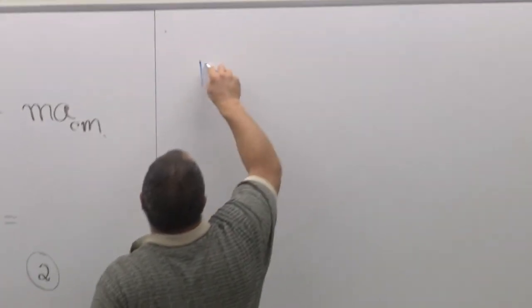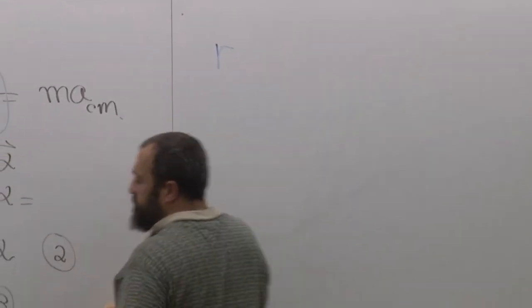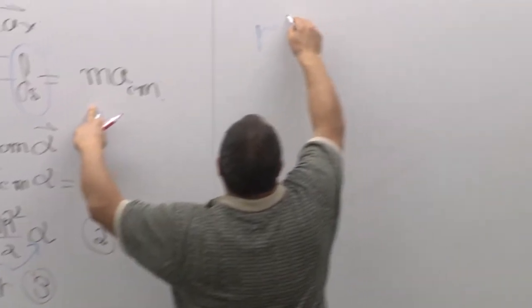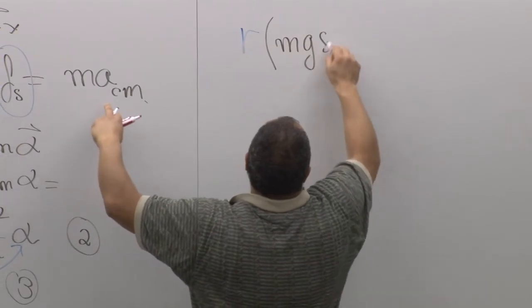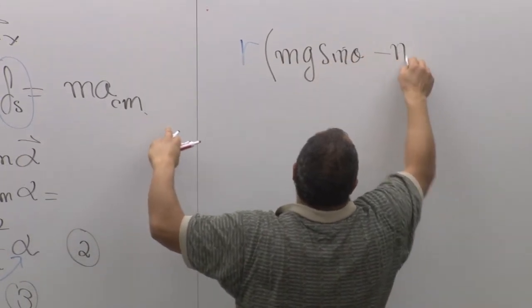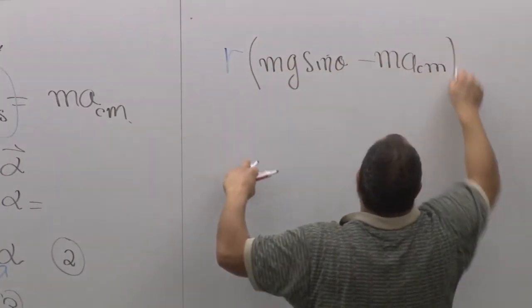R times the force of static friction; from equation 1, the force of static friction is mg sin theta minus M ACM.